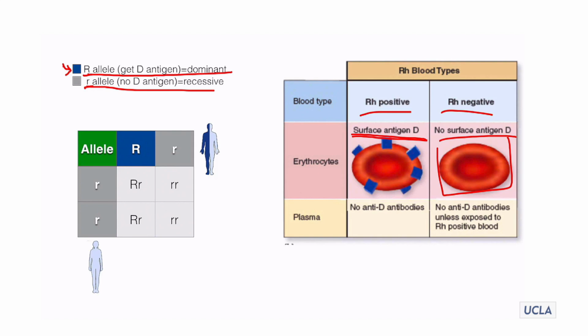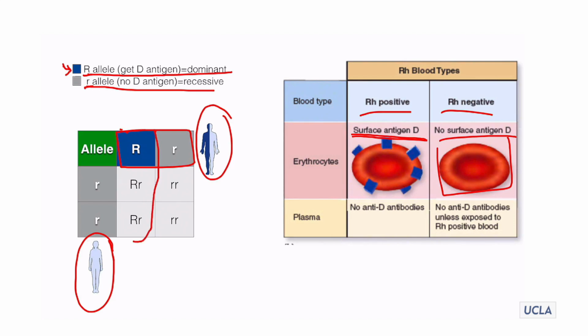So if you have, for example, a woman who is Rh negative reproducing with a man that is Rh positive, it depends on what his genetic makeup is. So it could be that he's got one dominant allele and one recessive. If that is the case, then you have a 50-50 shot of having a child with Rh positive.